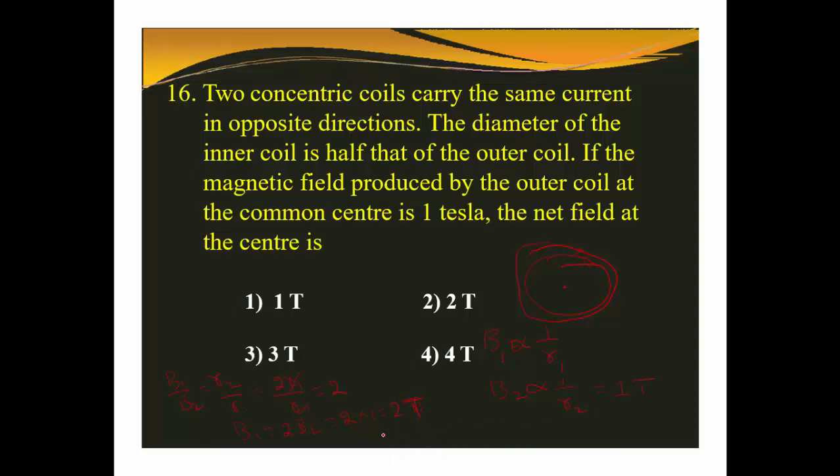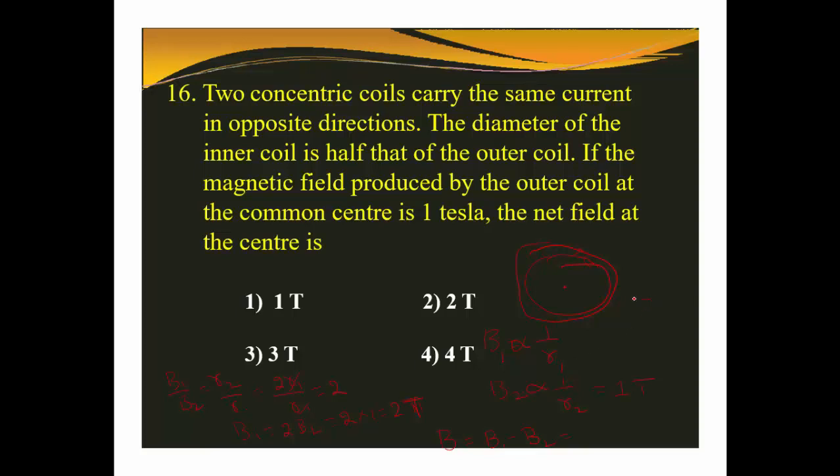Now I got the inner coil magnetic field B1 and the outer coil magnetic field B2. Now I want the net magnetic field. The net magnetic field is B1 minus B2. Again the question arises, why have you taken minus? Because B1 and B2 are opposite. Why are they opposite?